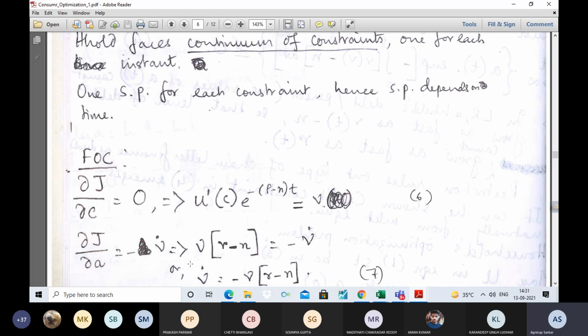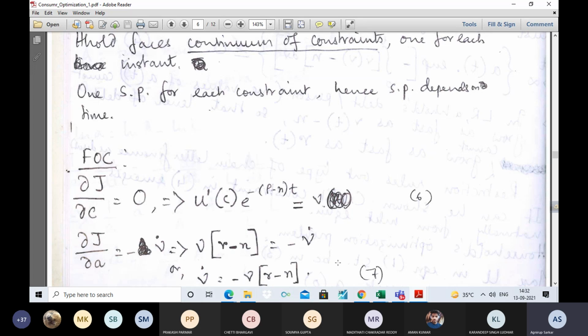Just focus on equation 6 and equation 7 for the time being. We see these are much more tractable, simplistic equations. So you can use these two equations to essentially derive the first order condition.